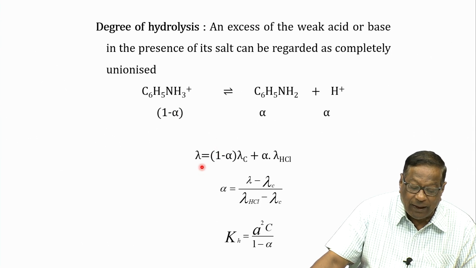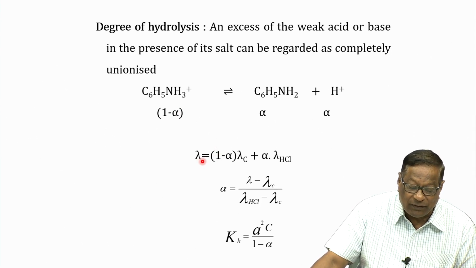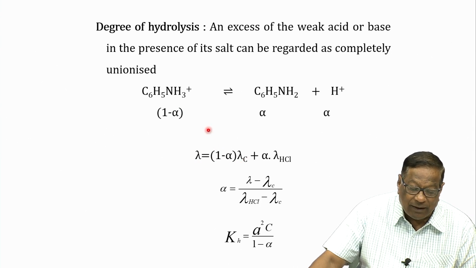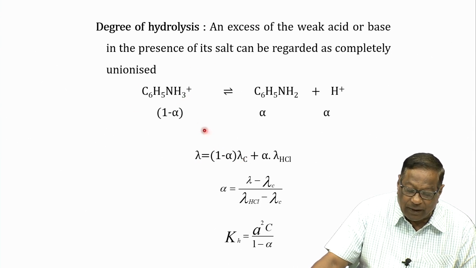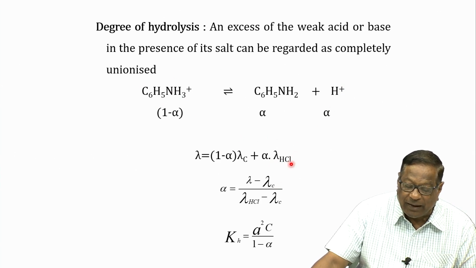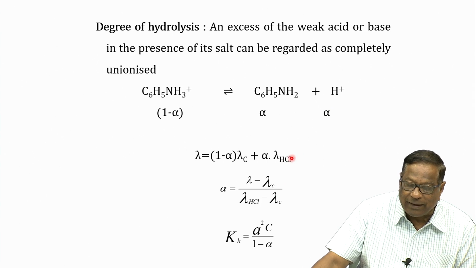So, I can write the total conductivity of the system as (1 minus alpha) lambda c, that is coming from this, and this is coming from alpha lambda H plus. We write HCl only to denote that it is in a solution, maybe an HCl solution, and this will not contribute.